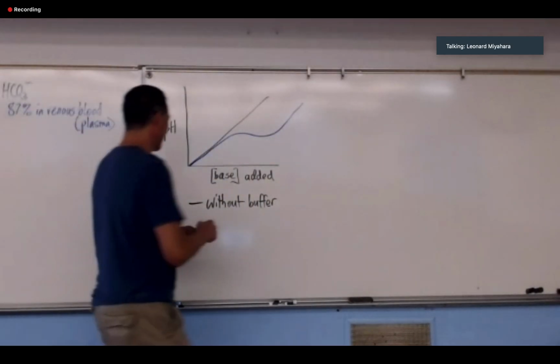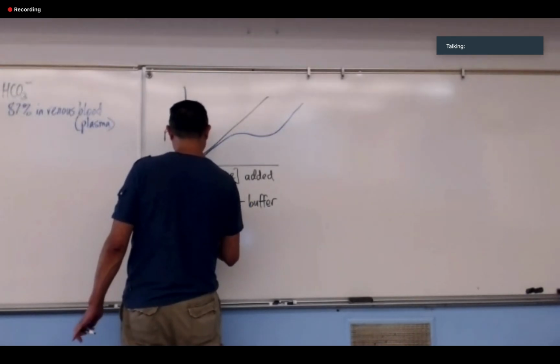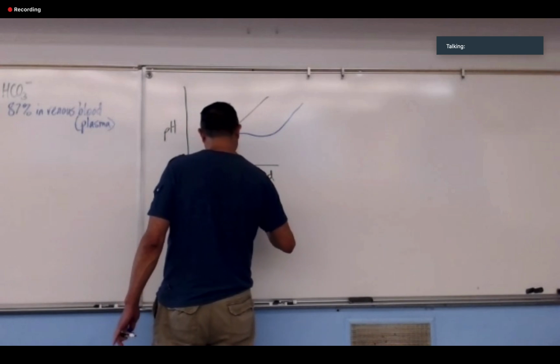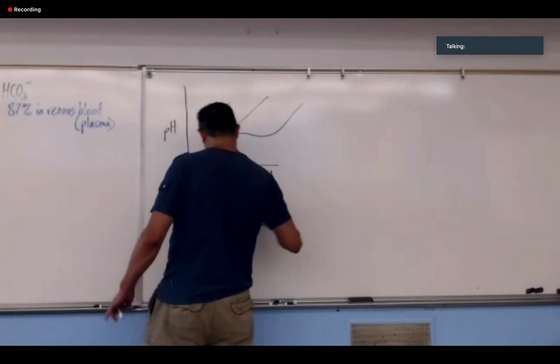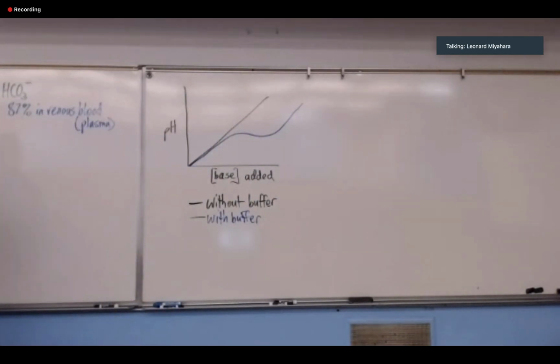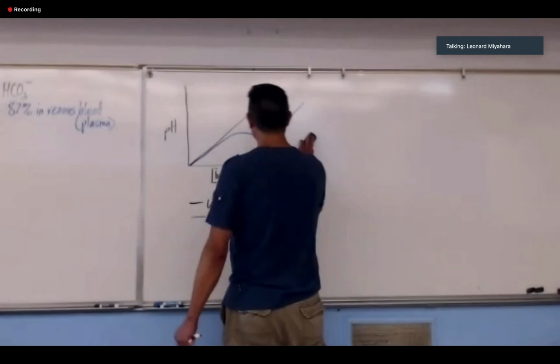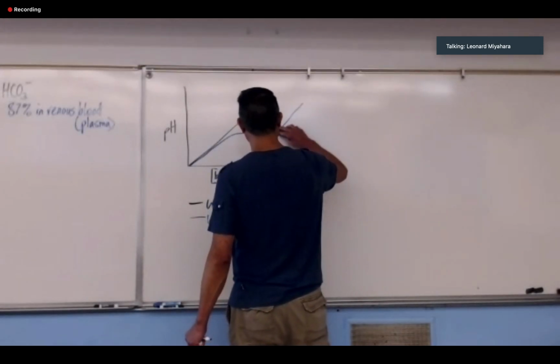And this is with buffer. And I like that S-shaped line. What that S shape is showing you is that the buffers have a functional range.